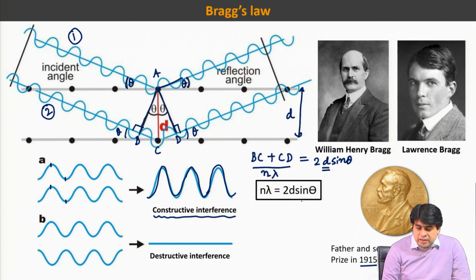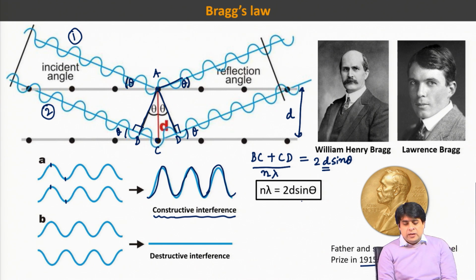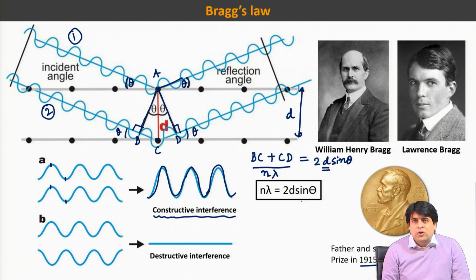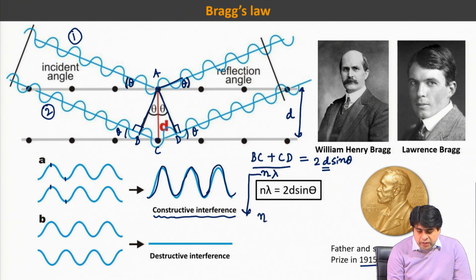From this method they determined the crystal structure of salt, of halite. If you have constructive interference, n will always be an integer number: 1, 2, 3, 4, some integer.